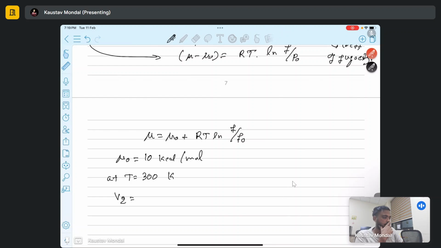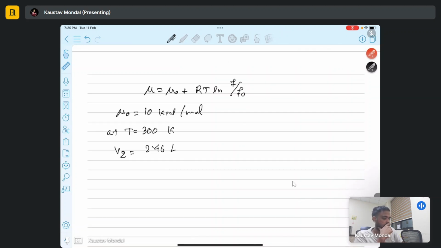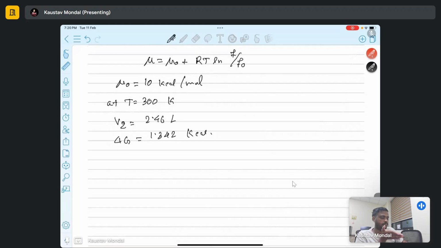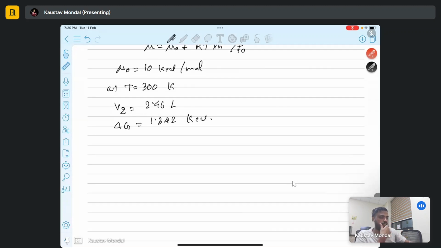V2 is the final volume, that is 2.46 liter, and change in Gibbs free energy is 1.342 kilocalorie.